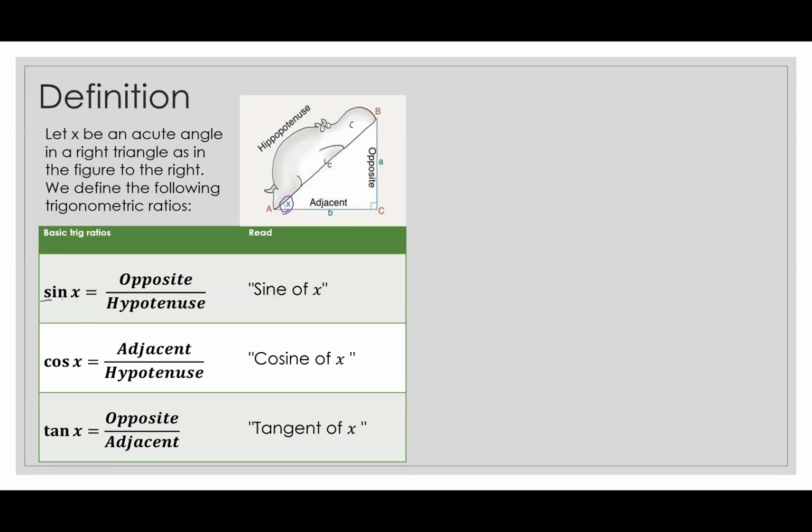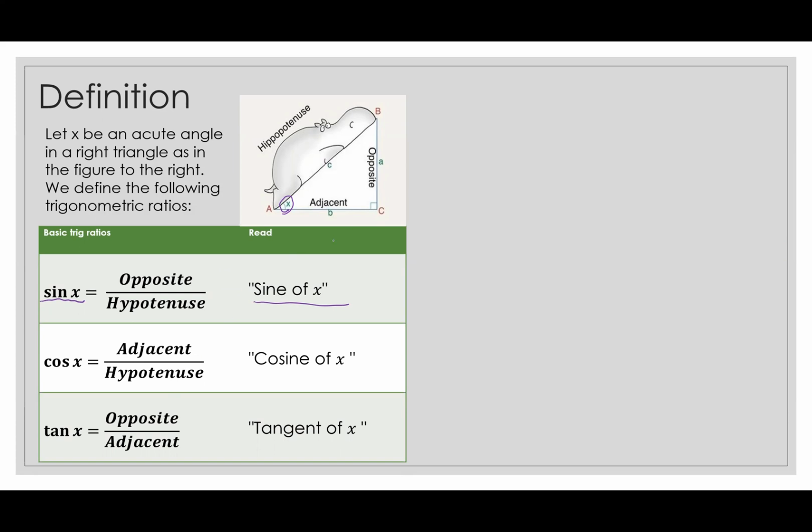Sine of the angle X, we read that as sine of X, is opposite over hypotenuse. In this case, it would be A over C. But I don't want you to remember A over C. I want you to remember opposite over hypotenuse, depending on where the angle is, right? And cosine is adjacent over hypotenuse.